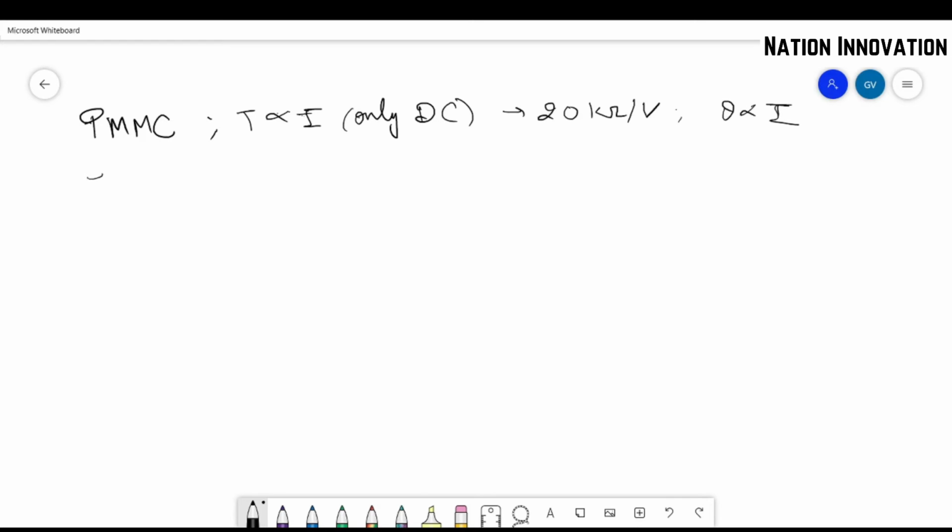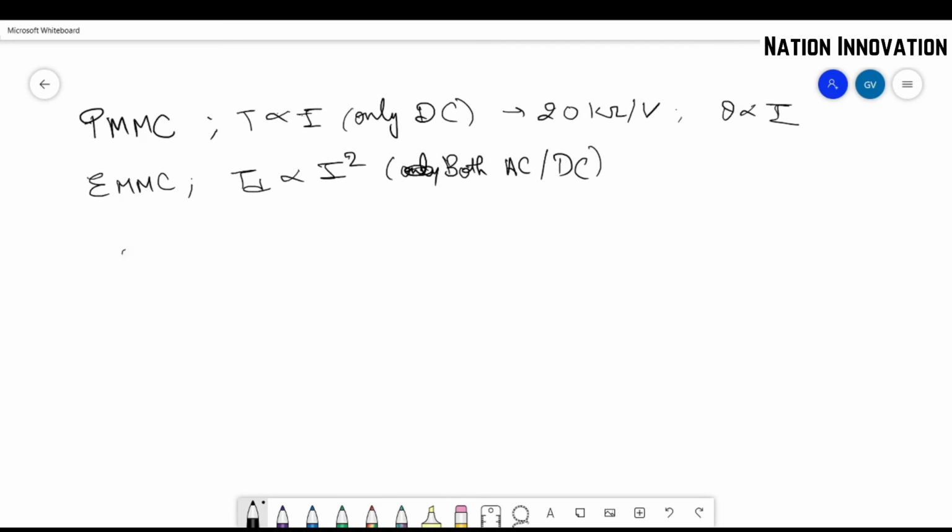And then we have VMMC type where the deflection torque is proportional to I square and it is applicable for both AC and DC.